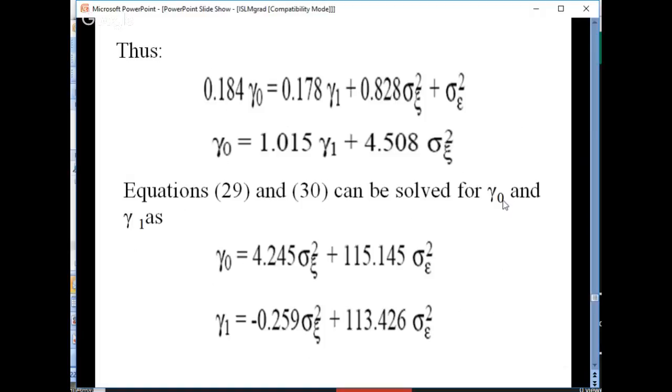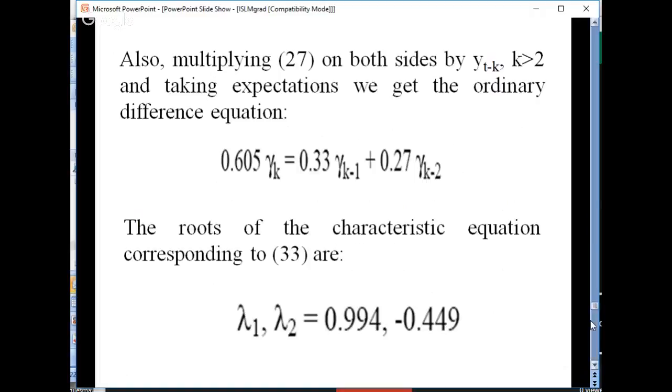So these two equations can be solved for gamma 0 and gamma 1 as follows. I get these two equations. Also multiplying by y_{t-k} on both sides, k greater than 2, taking the expectations, we get the ordinary difference equations: 0.605 gamma k equals 0.33 gamma k minus 1 plus 0.27 gamma k minus 2, right?